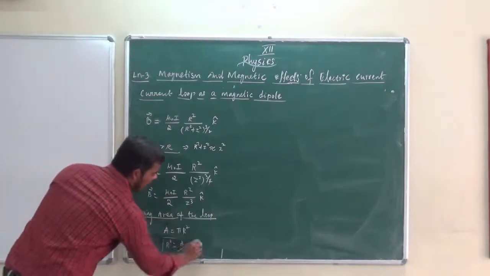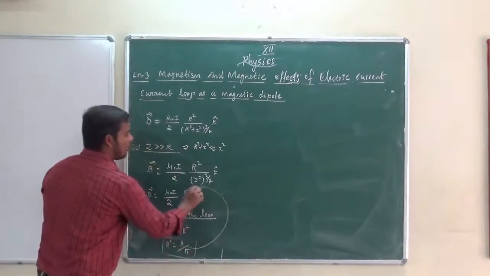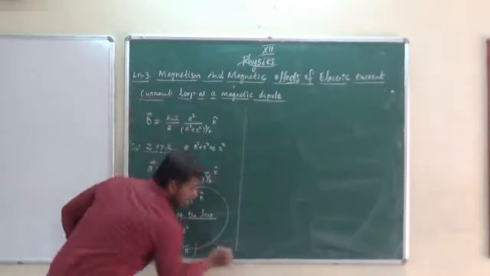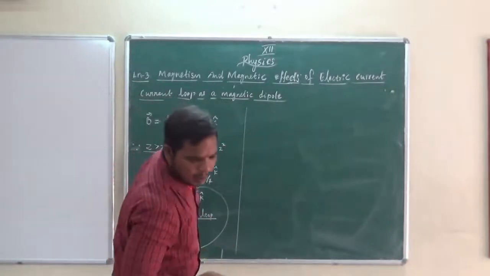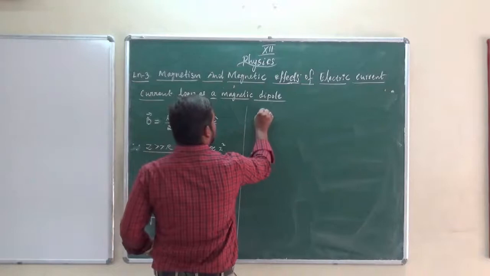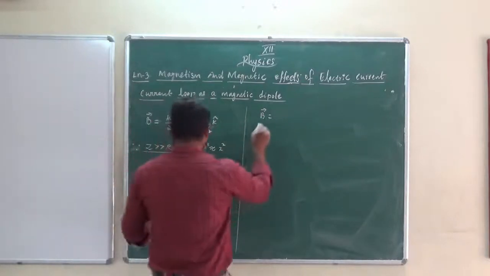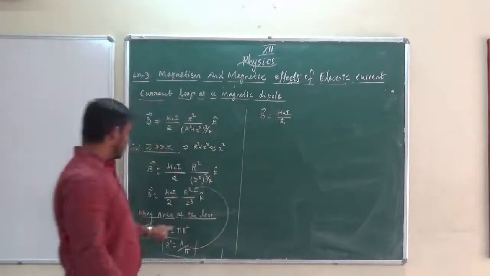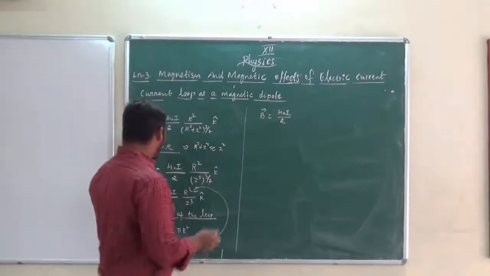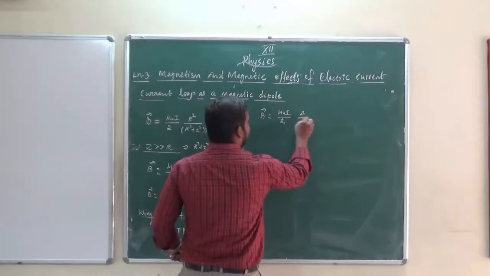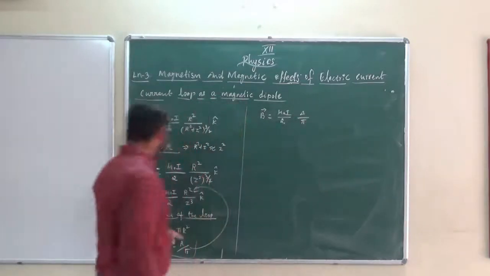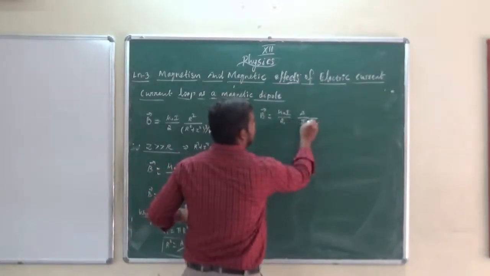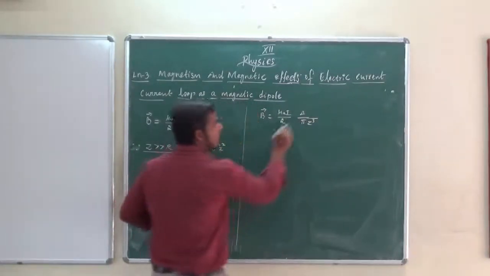Here we substitute this R square value where I showed the mark. So B vector equals mu naught I divided by 2, and instead of R square we substitute A by pi, and in the denominator Z cube, into k cap.